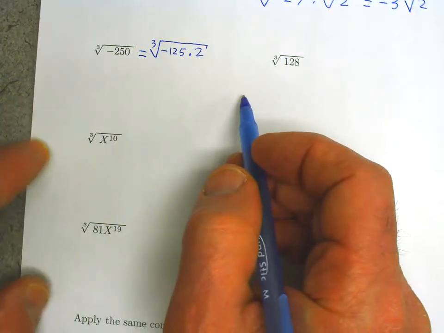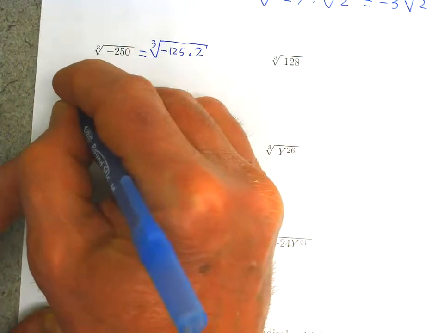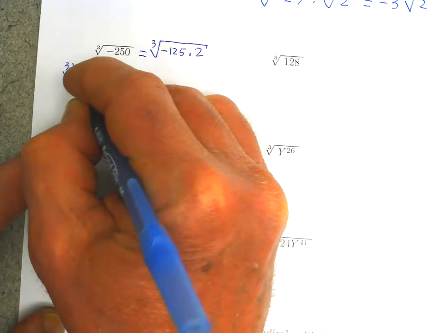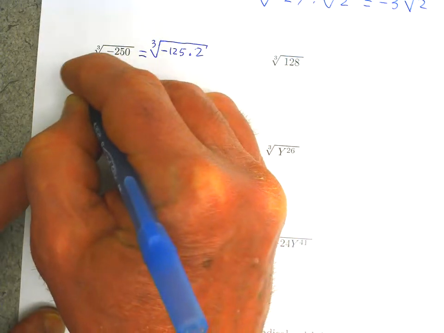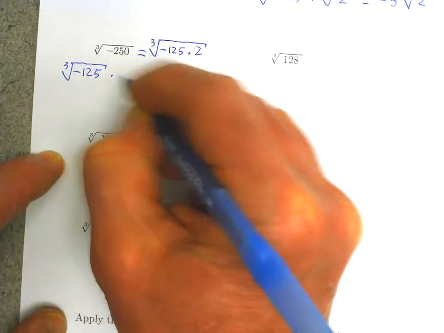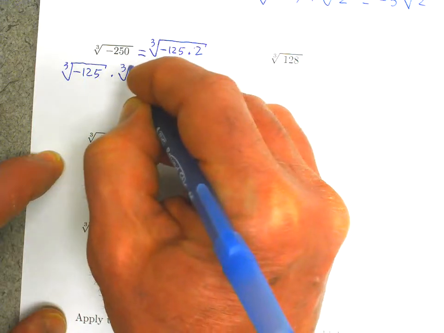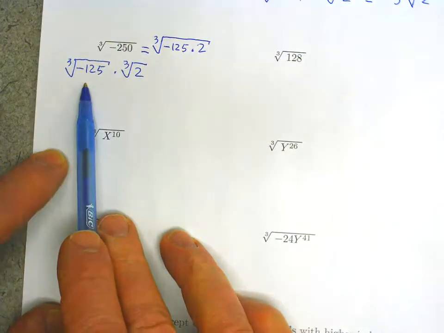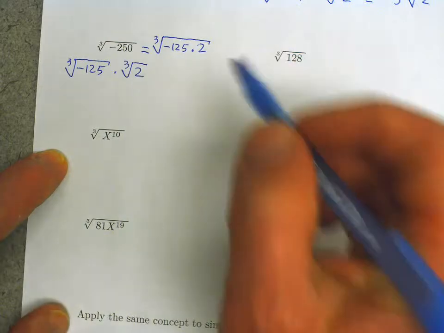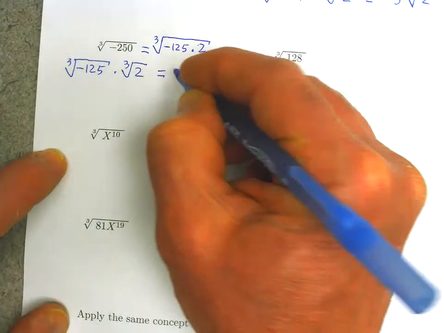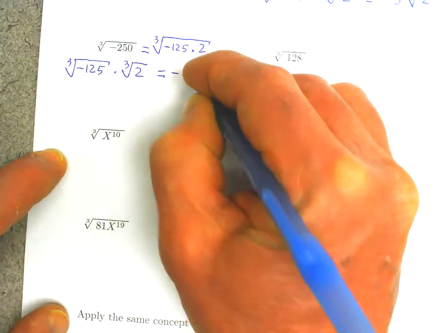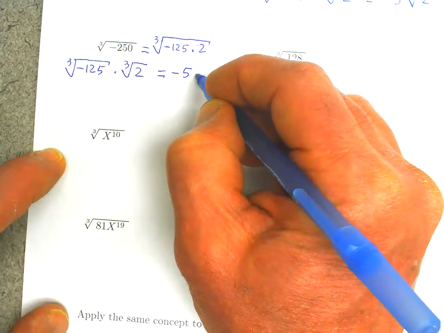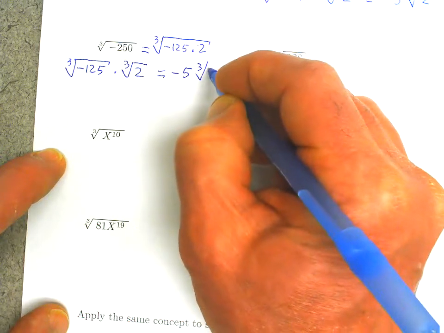And then this is the cubed root of negative 125 times the cubed root of 2. And the cubed root of negative 125 is just negative 5. And so our final answer is negative 5 times the cubed root of 2.